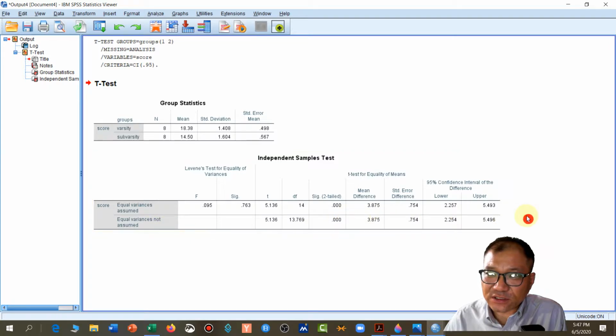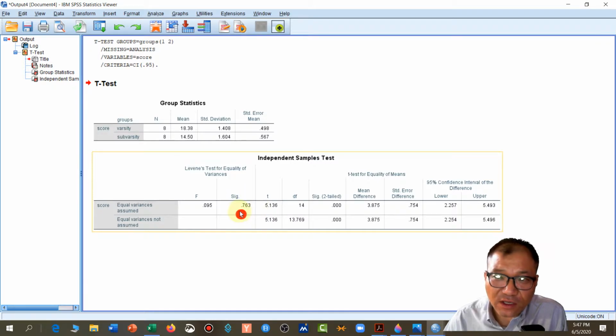That means your 2 groups are assumed to have the same variance, assumed to be from the same population. On the bottom, you can see equal variances not assumed. Then you need to read the bottom results. However, how do you decide which one to go with?